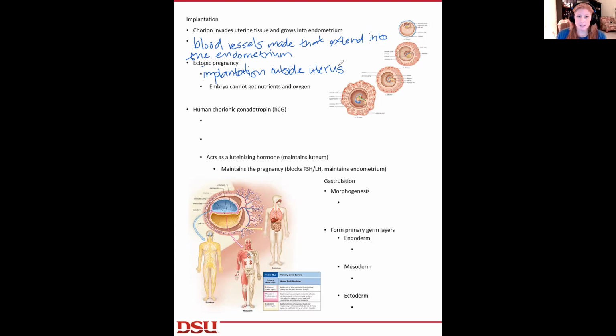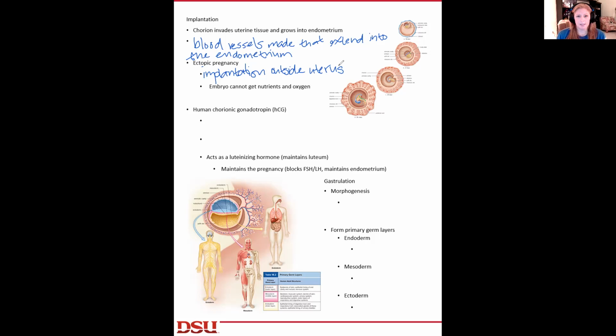And if it's happening outside of the uterus and outside of the reproductive tract and other areas, similar complications occur. They can be very dangerous to mom. Ectopic pregnancies generally require emergency surgery. Perhaps if it's caught early enough, it's not necessarily emergency, but if you have a ruptured fallopian tube due to ectopic pregnancy, emergency surgery.